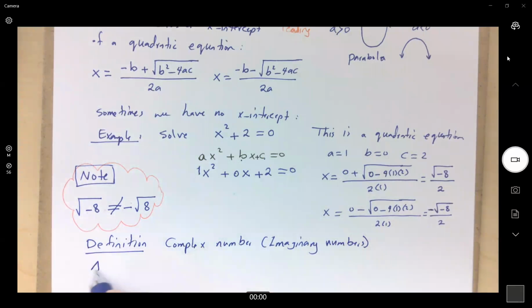A complex number is of the form a plus I times b, where I is equal to the square root of negative 1.